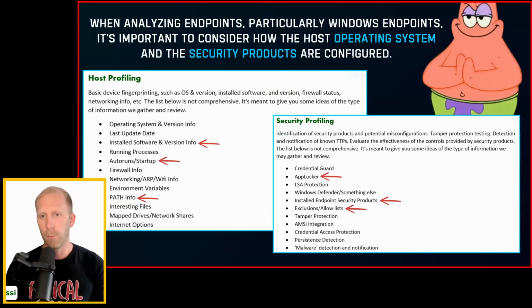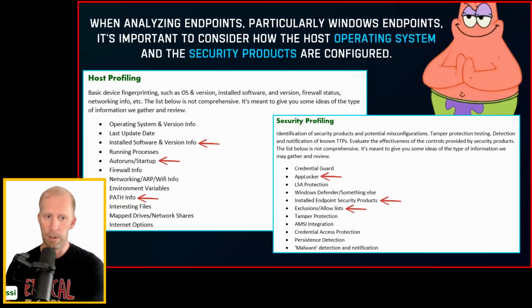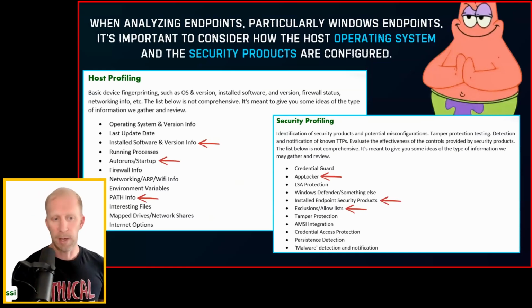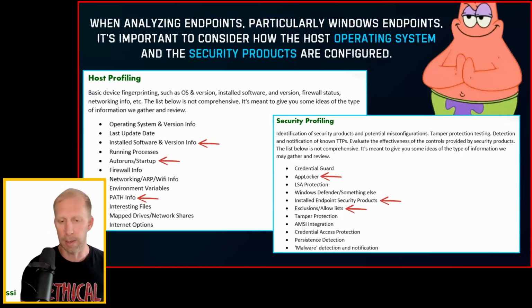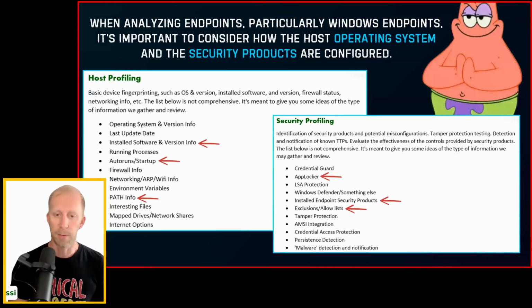And when analyzing endpoints, particularly Windows endpoints, it's important to consider how the host operating system and the security products are configured. So for example, the Windows updates, autoruns, firewall rules, the path information, the software that's installed itself, the third-party software. Then from a security standpoint, we would look at AppLocker.